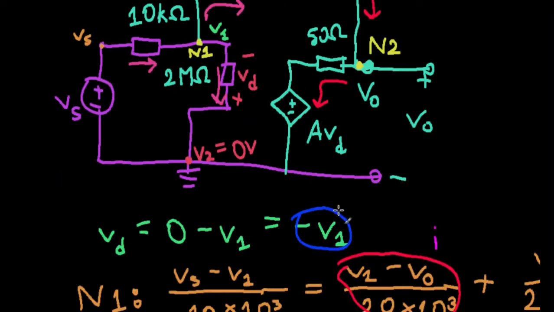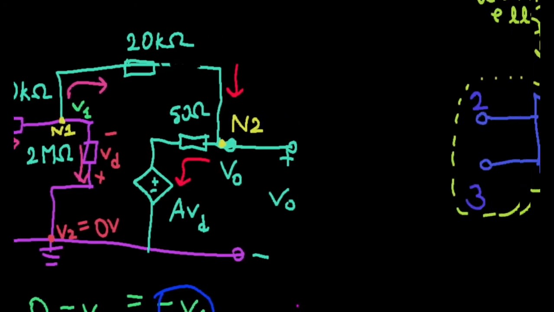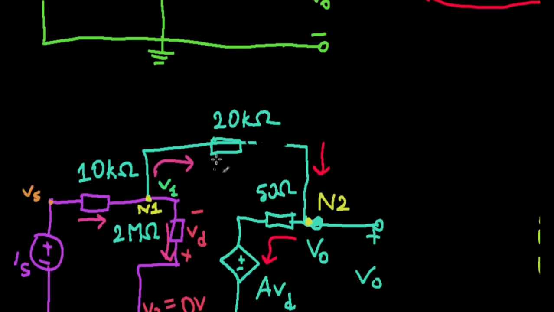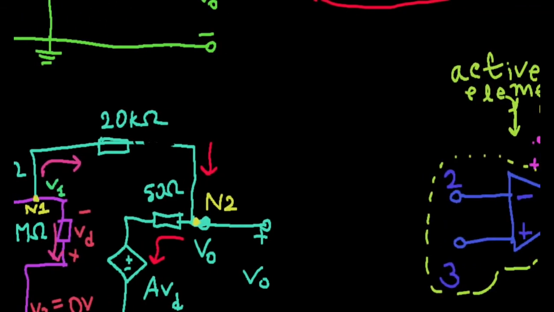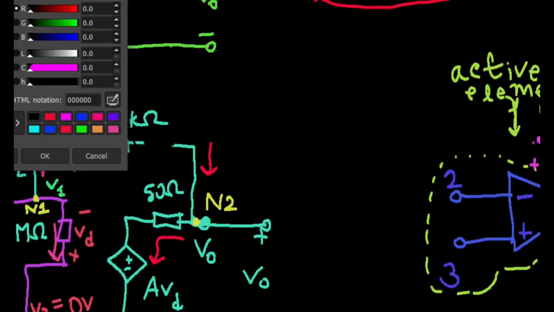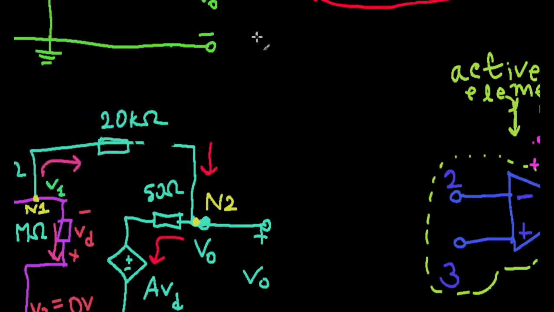So for this open circuit, V naught is going to equal negative A into V1. Yes, that is correct.